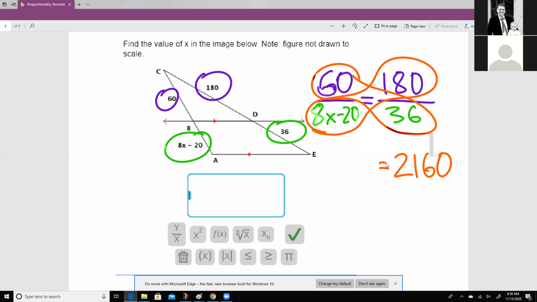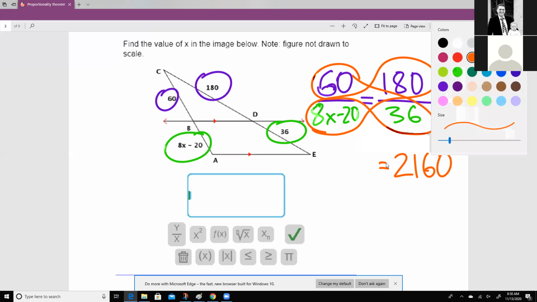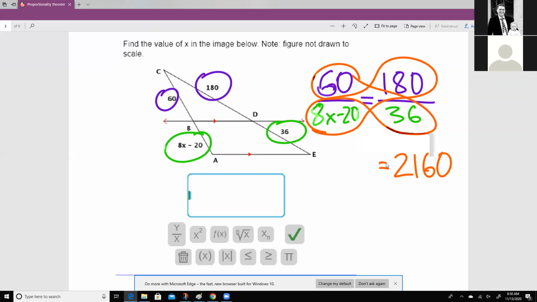One common mistake some people are going to make, but not you because you watched this video, is they're probably just going to multiply 180 by like 20 or something. But if we wrote this out and said, hey, we have 180 times 8x minus 20, we need to distribute that. So we need to multiply both of them.